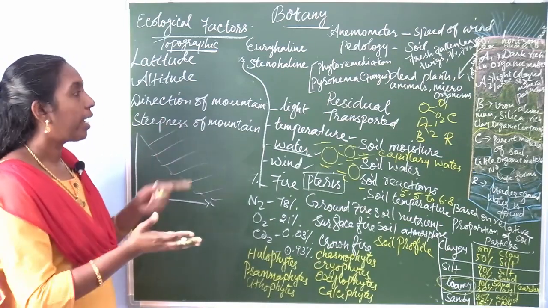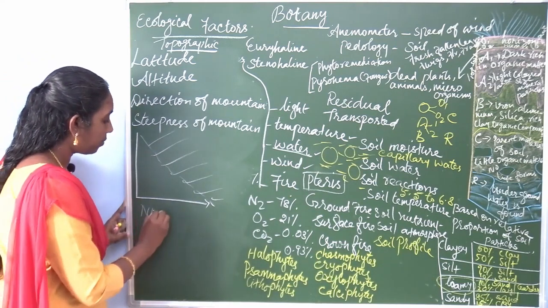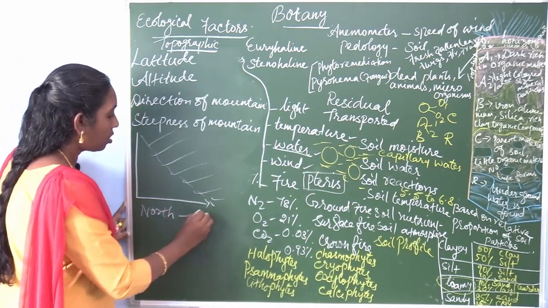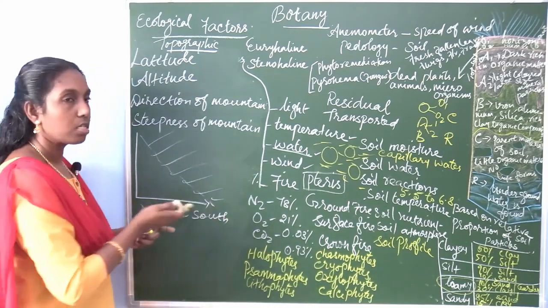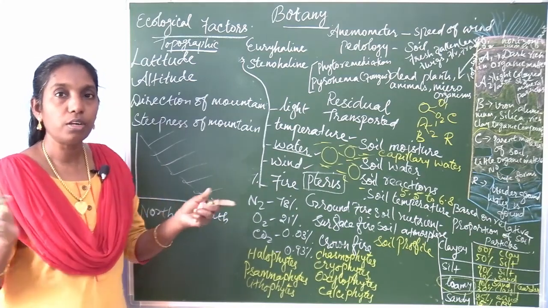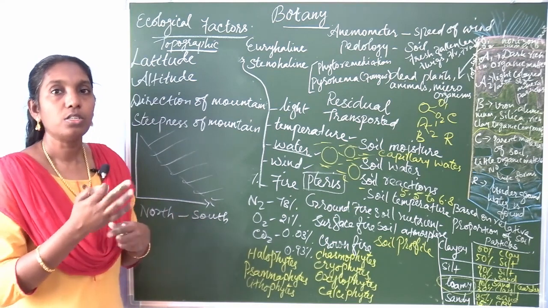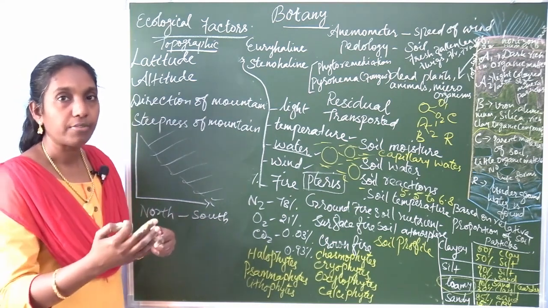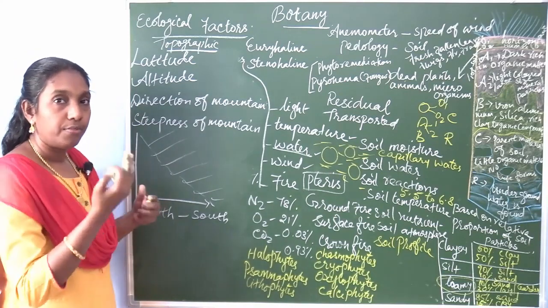Then direction of mountain. The direction of mountain, from north to south, gives two different faces. North and south faces cause different climatic conditions.